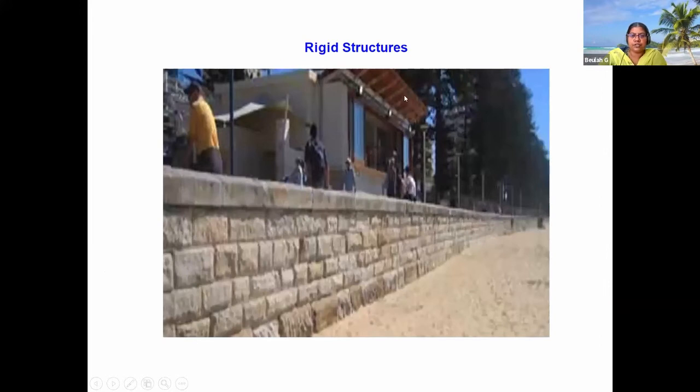This is an example of the rigid structure. Here the interlocking between the stone members is created naturally by using the concrete.